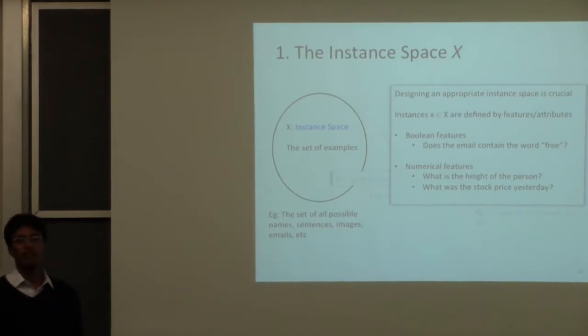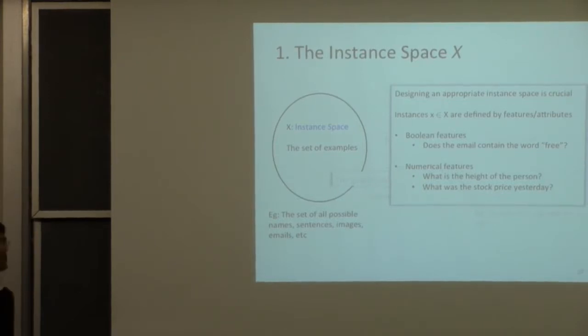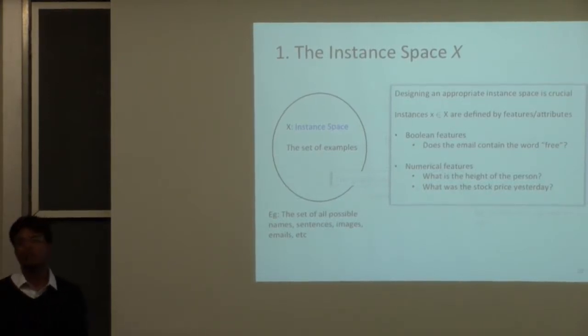Not so much the inputs to your learning problem. The inputs to the learning problem are defined by your end task. If I have to classify emails, the input is an email. But what I mean by talking about the instance space is specifically the feature function. Identifying the feature function is really important for any measure of success.